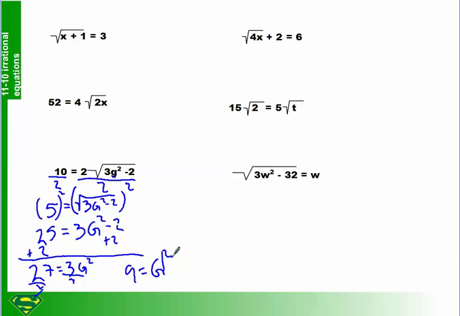So what's the opposite of squaring? Anti-squaring. Now, this is where you're going to have to be a little bit careful. What times what is 9? 3. So g clearly equals 3, but is there another number multiplied by itself that is also equal to 9? Negative 3. So this is a quadratic, so there's a possibility of having two answers.